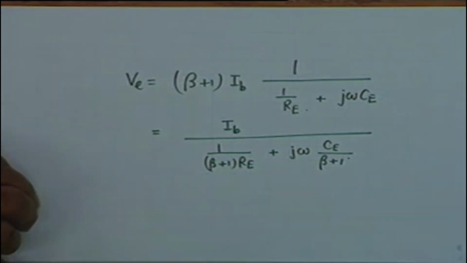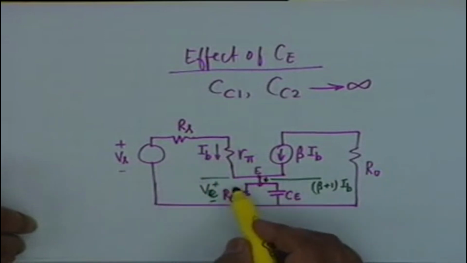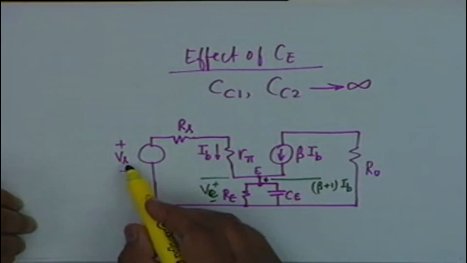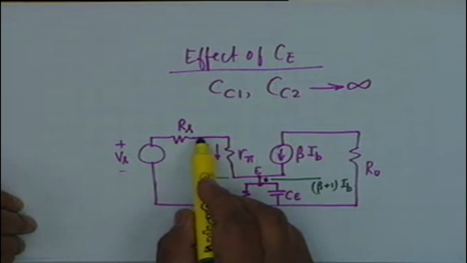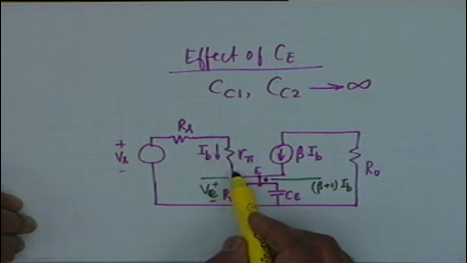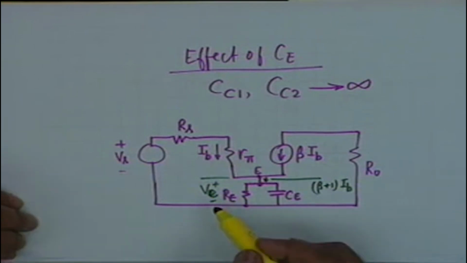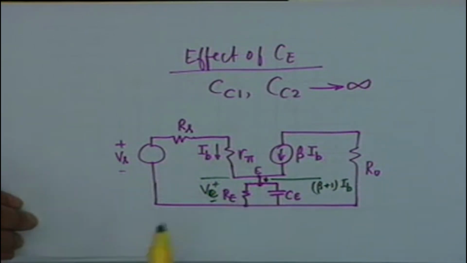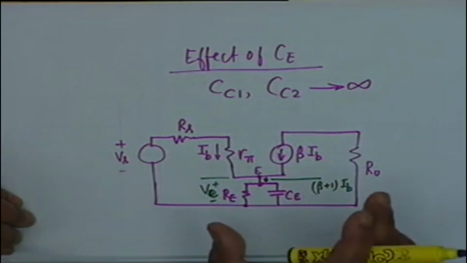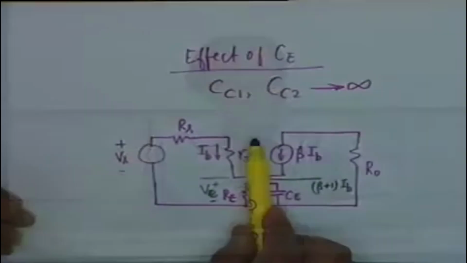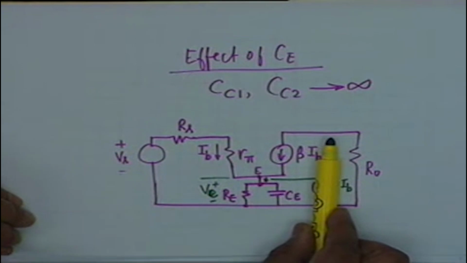Now if I write the KVL equation in the base circuit, then Vs would be IB times Rs plus IB times R pi plus VE. If I can write VE as the product of IB and an impedance, then obviously I can decouple the input and the output circuit. Is that clear?